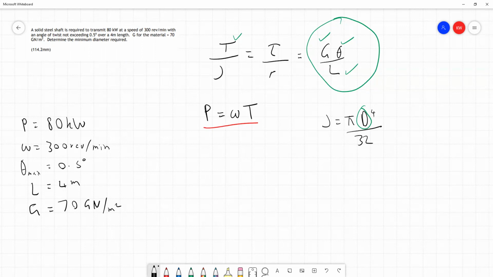So let's again put these things into the type of units we use. We'll be using watts for all of this. So 80 kilowatts is 80,000 watts. Our angular velocity is in revolutions per minute, but we want it in radians per second. So what we have to do is convert this. I'll do it at the bottom here for a bit more space.